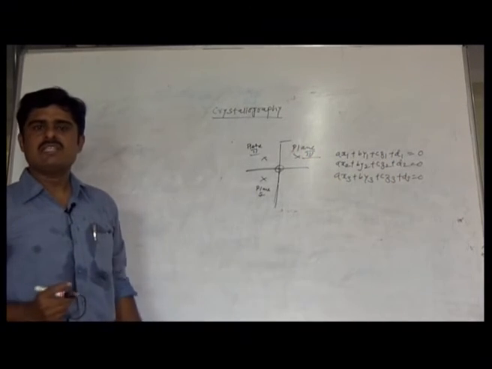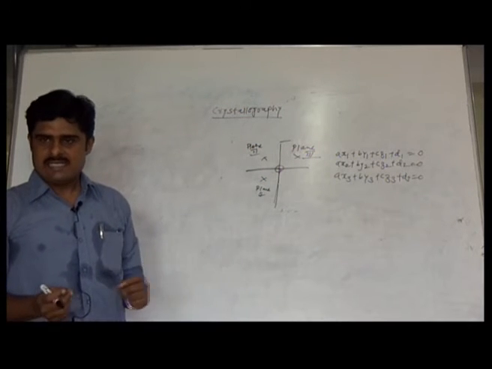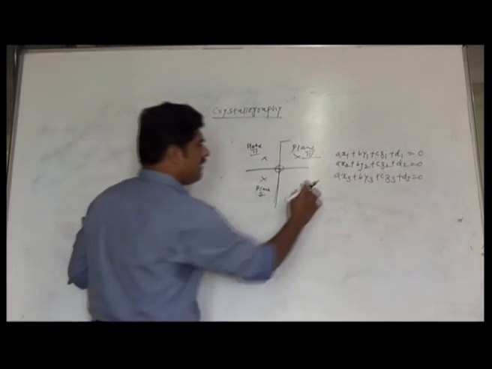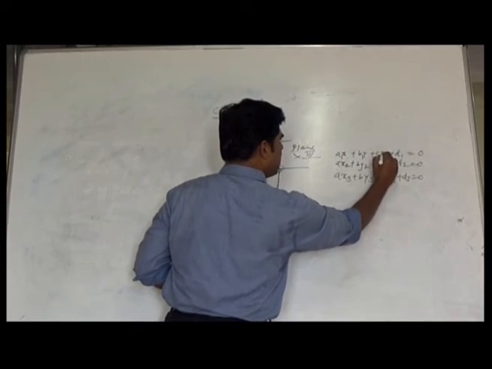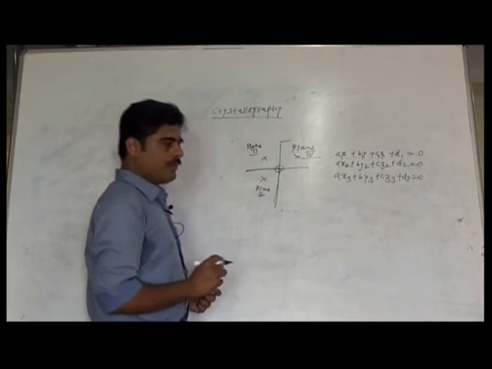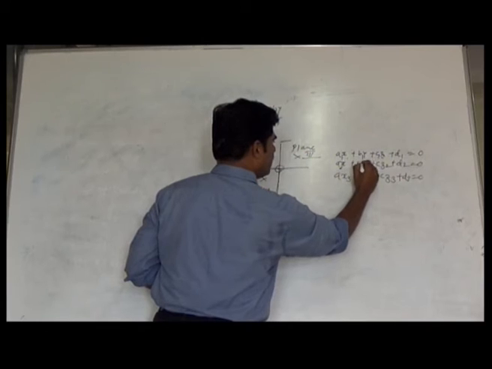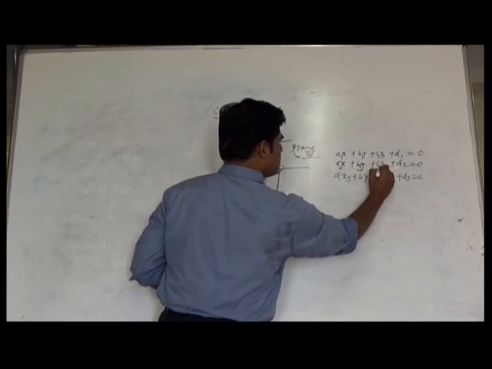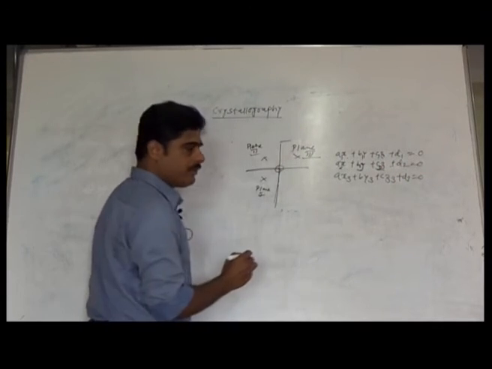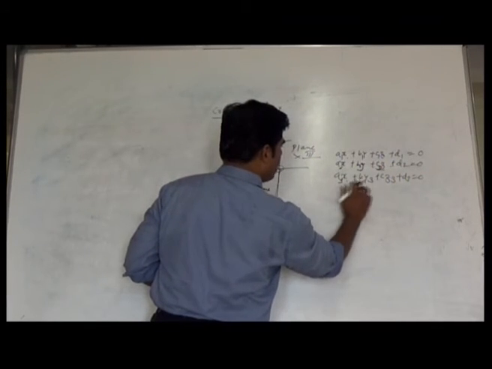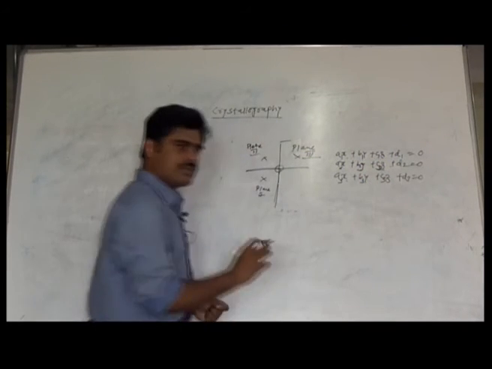This is one way. If these planes are being defined with different points. If the point is same, the equations will be a1x plus b1y plus c1z plus d1 is equal to 0, a2x plus b2y plus c2z plus d2 is equal to 0, then a3x plus b3y plus c3z plus d3 is equal to 0.